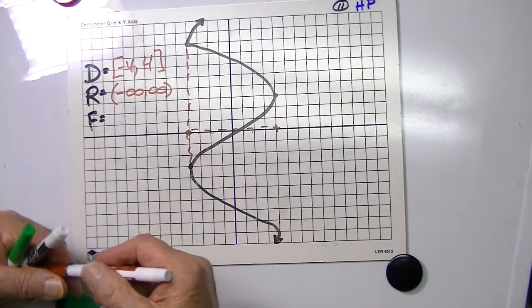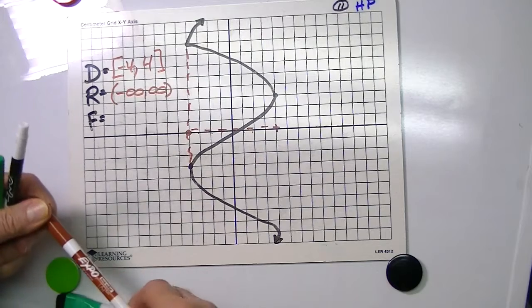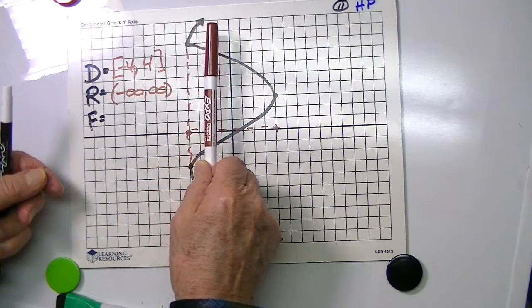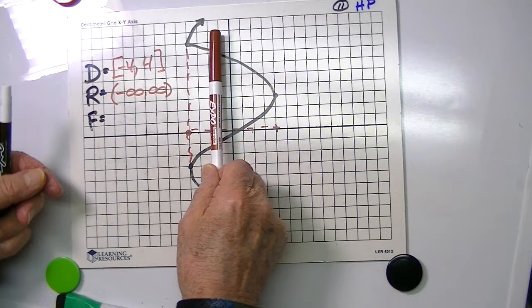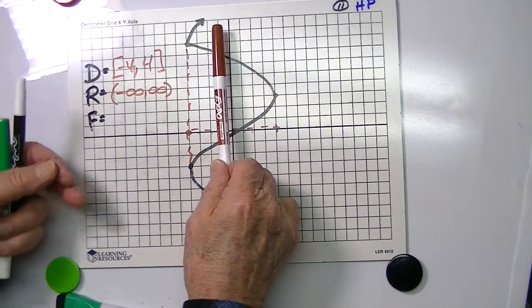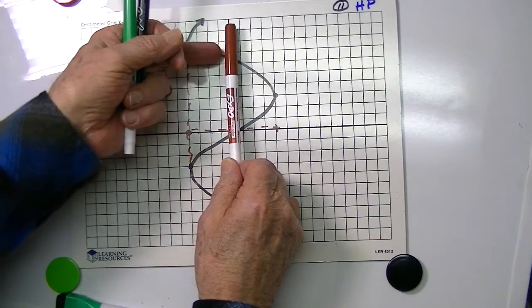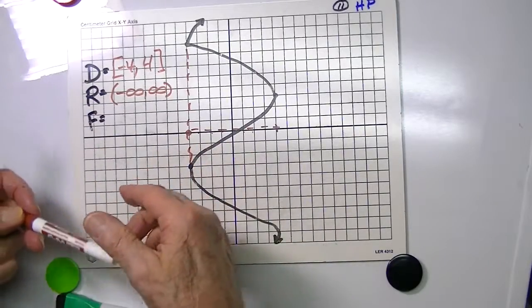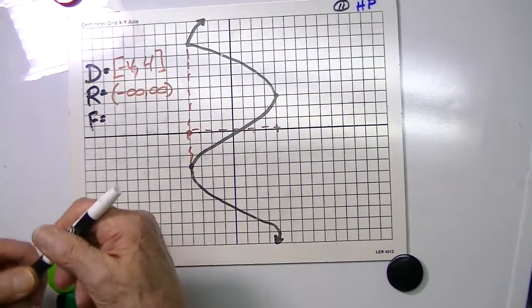And then our function. Well, again, for the vertical line test, does this vertical line intersect more than one place as you go across the face of the graph? And it intersects there, there, and there. So this would not be a function.